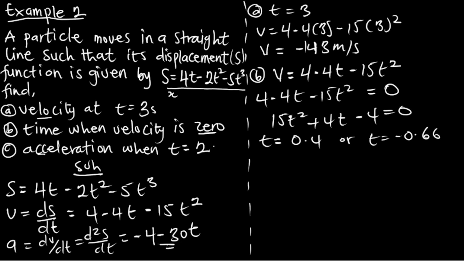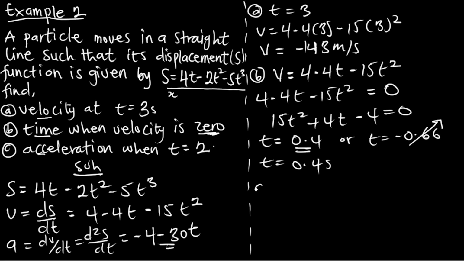Since we are talking about time, we don't have a negative for time, so this will run off and we take the positive time. Therefore, the time when the velocity is 0 is 0.4 seconds. Are we good? Try putting this into the velocity equation and you are going to get the velocity to be 0.